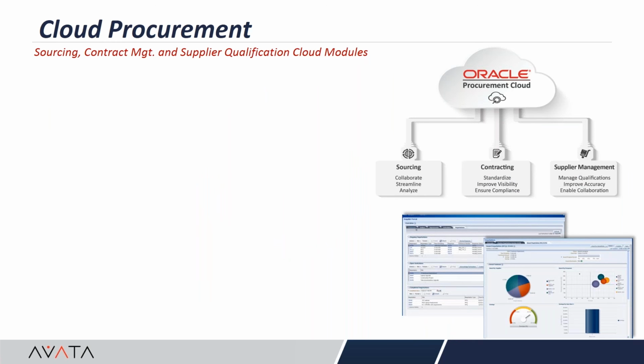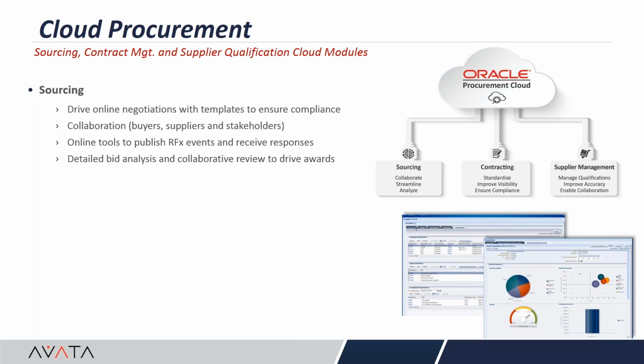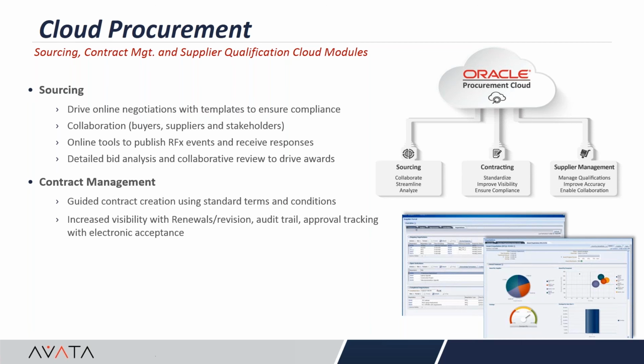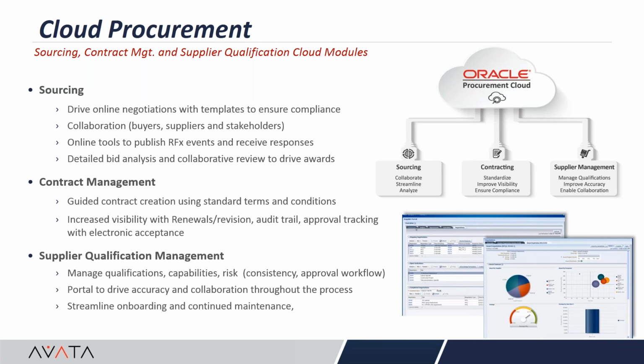Again, another end-to-end business process, and I've touched on this before, is cloud procurement. It's really a great place to start for organizations that are looking for a little bit of a larger cloud footprint and may need additional features and functions that are associated with procurement that could be enhanced in their current JD Edwards solution.